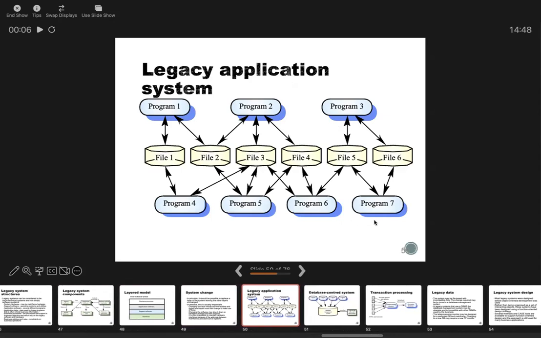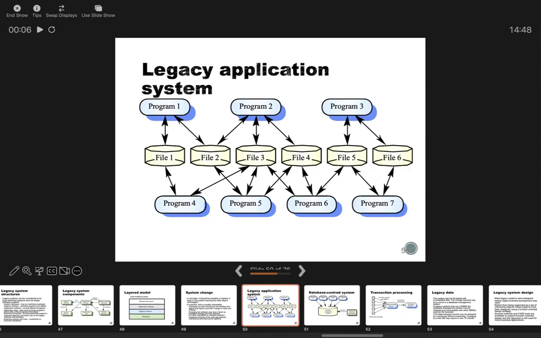So here we can see one legacy system-specific application. There are some programs and there are some files. Different programs are accessing the same file, or the same program might be used by different users.